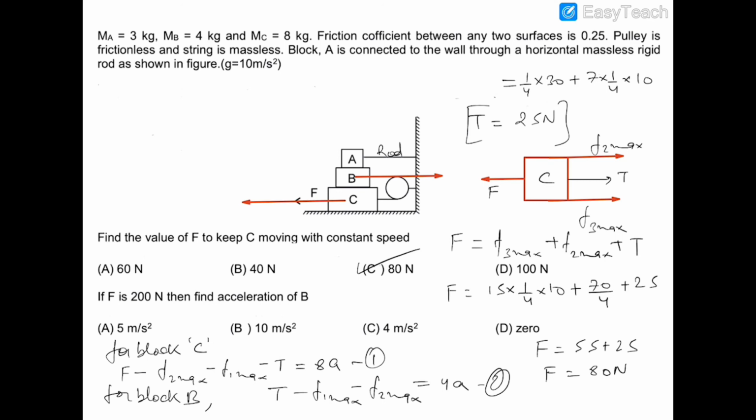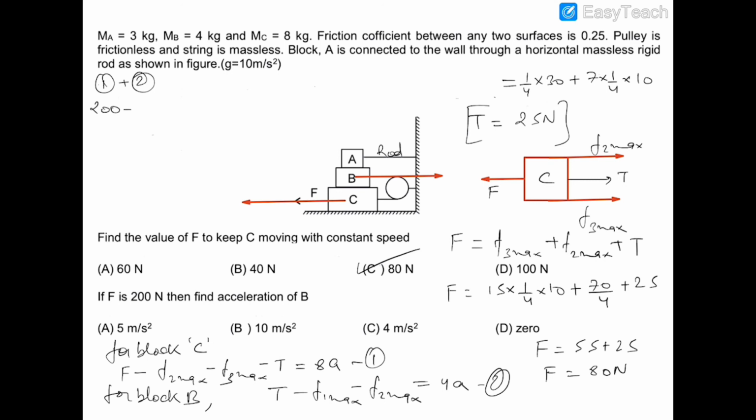If I add up these two equations, 1 plus 2, then tension will be cancelled out, and the equation will be F, which is 200 newtons. So I'm substituting the value 200 minus the friction acting on block C, which will be F3 max, in fact, sorry.